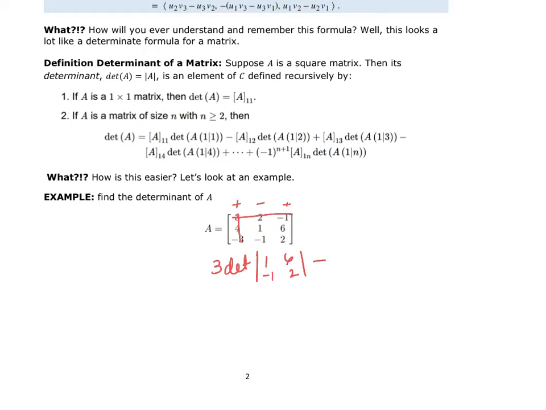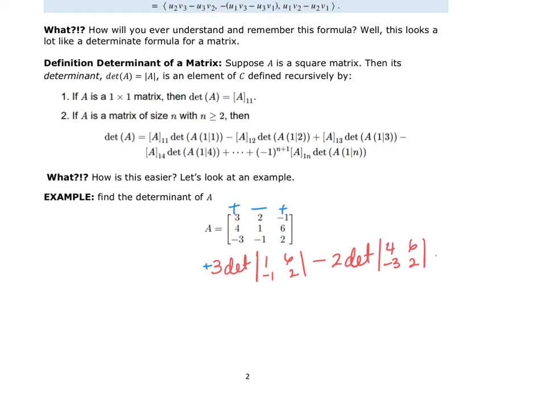So then it's going to be minus 2, and then the determinant of knocking out this row, this column, my smaller matrix is 4, 6, negative 3, and 2. And then, of course, my last one, remember, it's going to go plus, minus, plus, and that's how come that's a minus, just as a reminder.